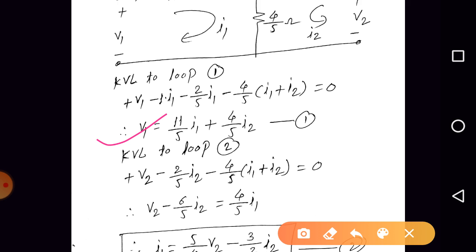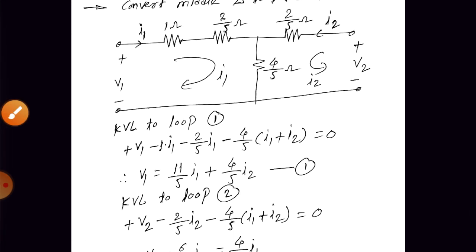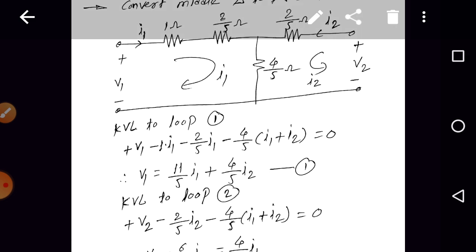This is the expression for V1 in terms of I1 and I2, but we require V1 in terms of V2 and minus I2. We have no problem with I2, but we need to replace I1. For that, we apply KVL to the second loop: V2 minus 2 by 5 into I2 minus 4 by 5 into I1 plus I2.